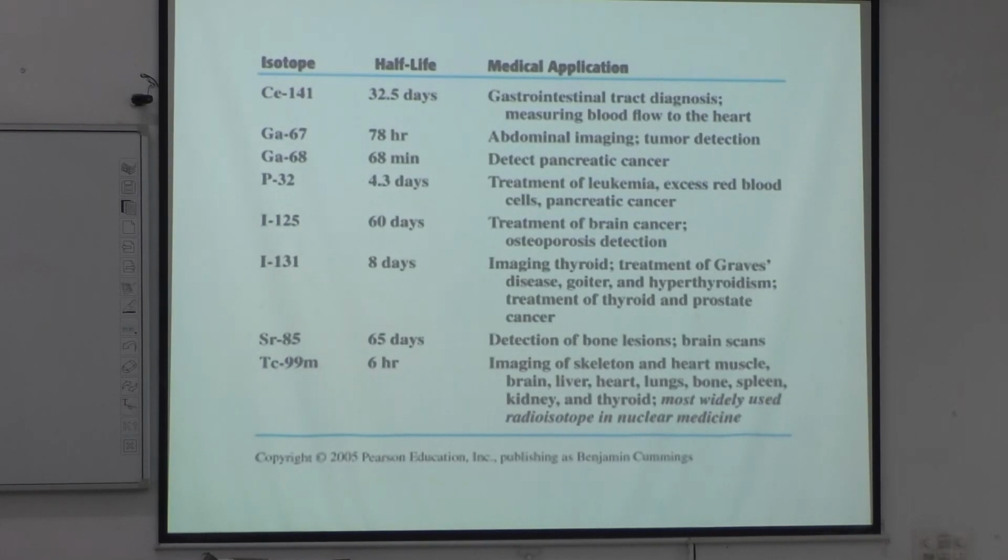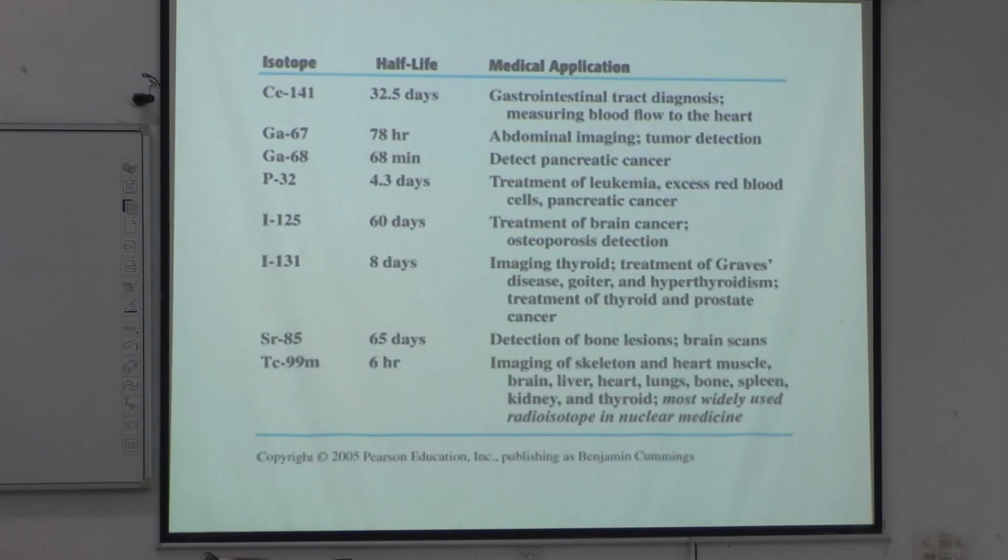But when you are giving for treatment of cancer, we do it with the injection so that it will stay for a long period and do the work inside the body. So we choose a radioactive element which has higher half-life. For any diagnosis purpose, low half-life, treatment purpose, high half-life.